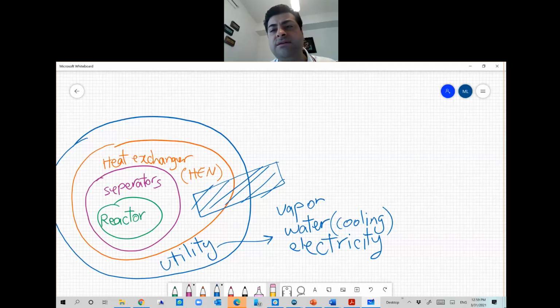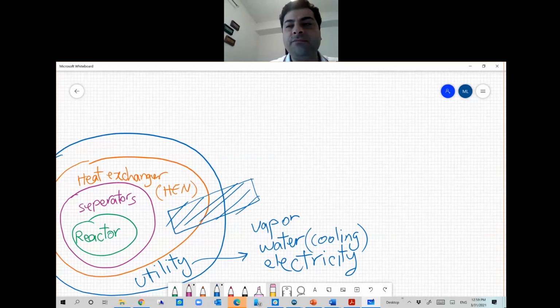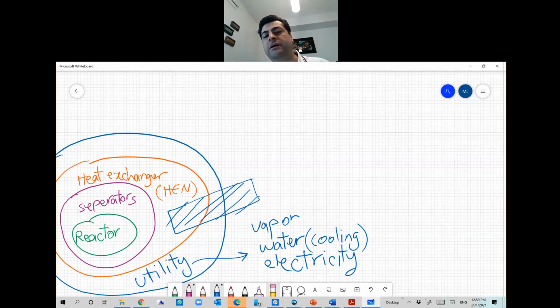Some of them are hot streams, some of the streams are cold, and this situation of having cold streams and hot streams really brings the reason to design a heat exchanger network. So when we say heat exchanger network, usually we are talking about a type of heat exchanger equipment where two process streams exchange heat together.